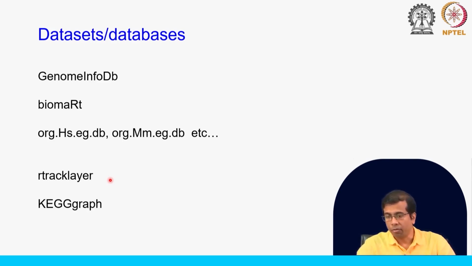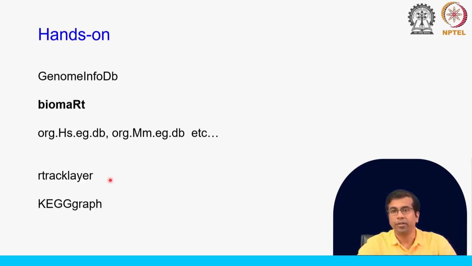For the hands-on, we'll take this biomaRt package, and very briefly I'll describe what it is, and we'll also see what biomaRt contains. With a hands-on data set, we'll also build on this biomaRt data. There is another database we'll see briefly called GO.db, for gene ontology.